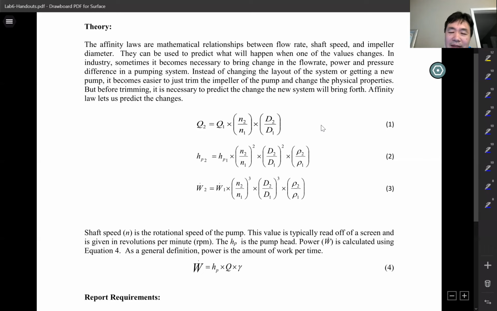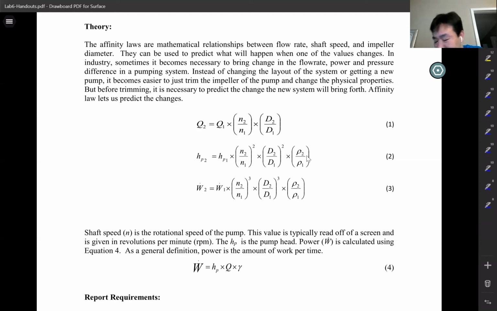Okay, so these are the affinity law 3 equations. So you can predict the new flow rate, new pump head, and the new power W, based on the change, either the RPM or the diameter or the operating fluid. Okay, so you can predict the new performance.